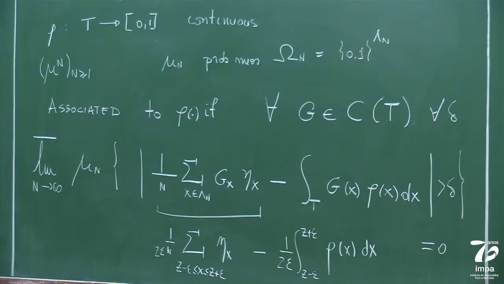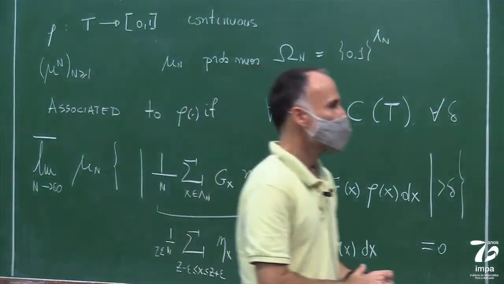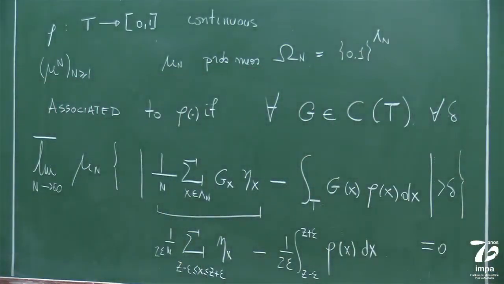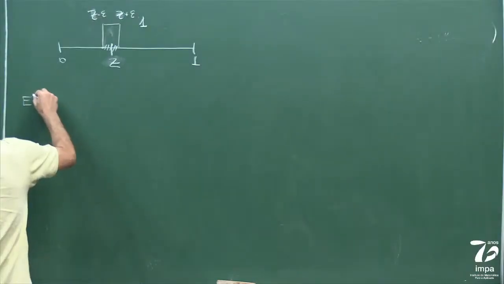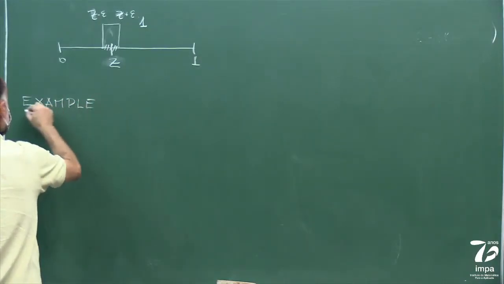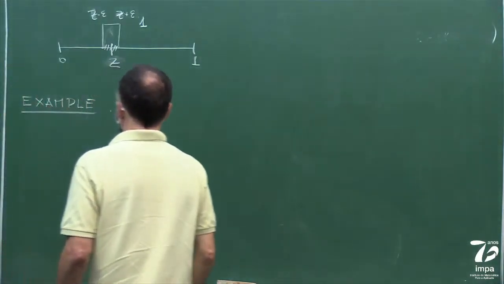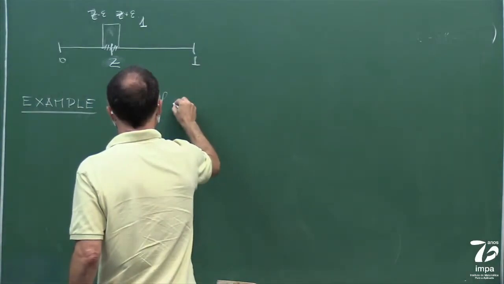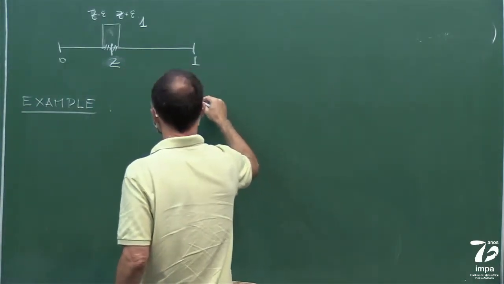So, questions about this definition? So let me give you an example. So rho, the density profile, is fixed.